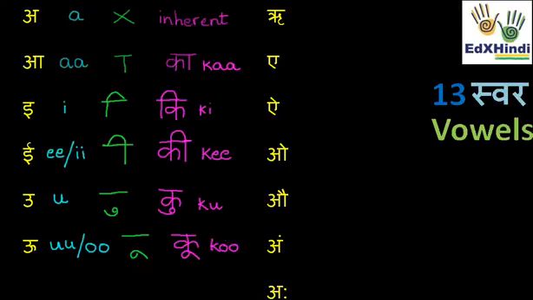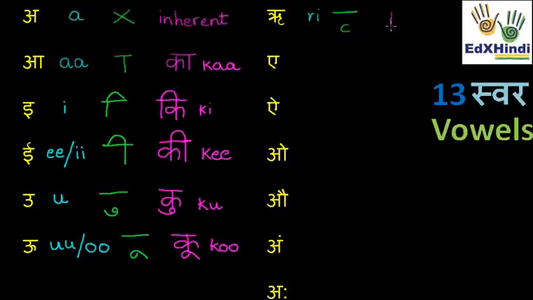The next swar is Ri, and this is represented by R-I, and the matra for this is the top line, the roof line, and over here comes the consonant, and this is the matra for Ri, which looks like a small C. So let's look at the blending with the consonant.